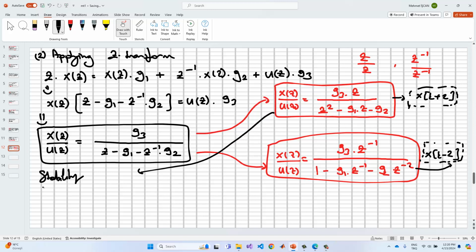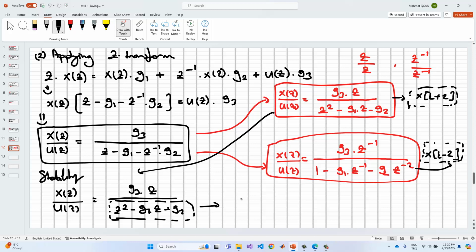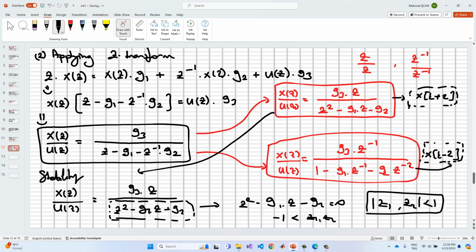If we have X(z) over U(z) equal to g3 z, this is the zero, over z square minus g1 z minus g2, then in order to check the stability of this term, we should set z square minus g1 z minus g2 equal to 0, and the roots z1 and z2 must be contained within the range of minus 1 to 1. This condition should be satisfied for the stability rule.